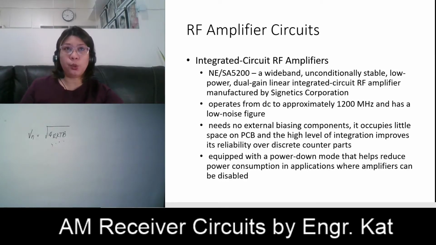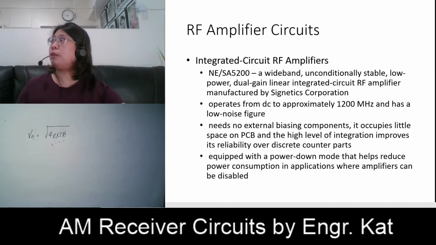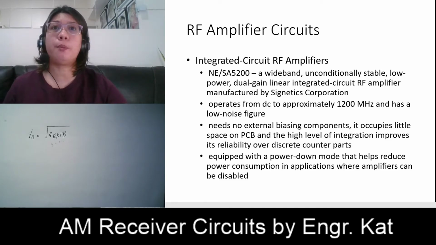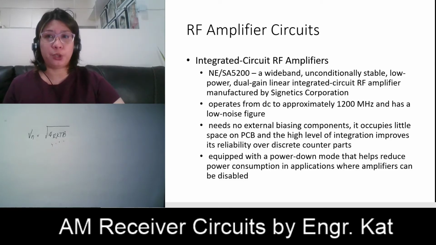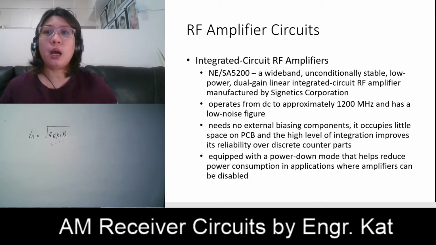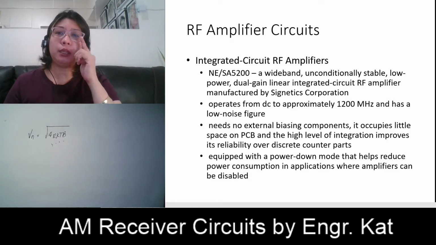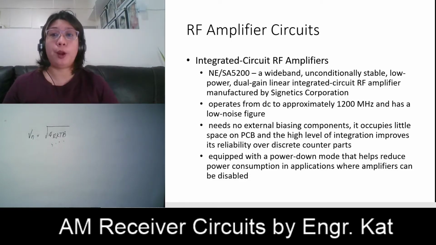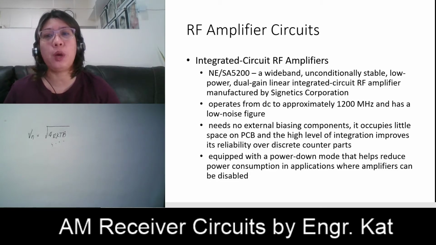Integrated circuits. The circuits that we have discussed earlier are in the form of discrete amplifier circuits. RF amplifier circuits nowadays come in integrated circuit form. One example is the NE/SA5200.